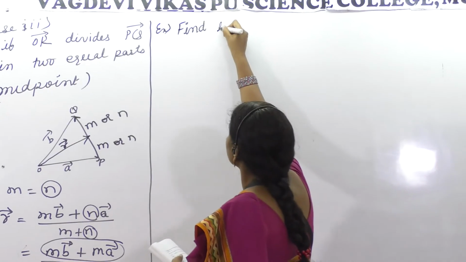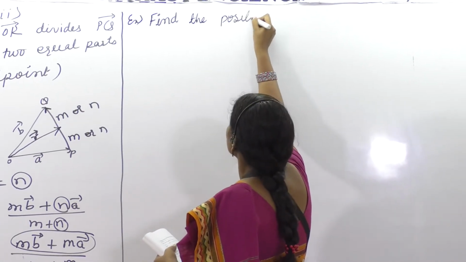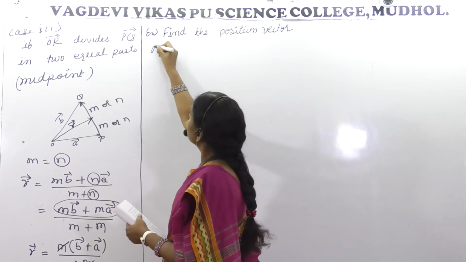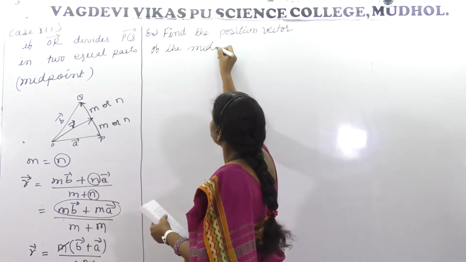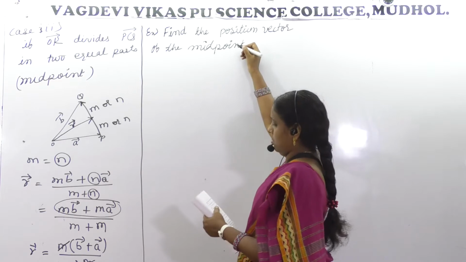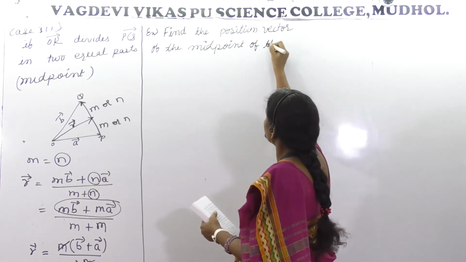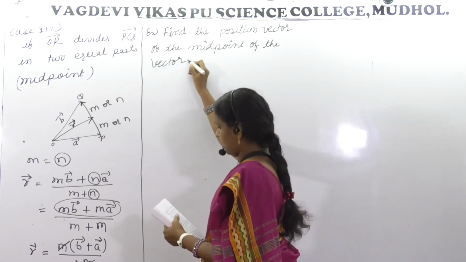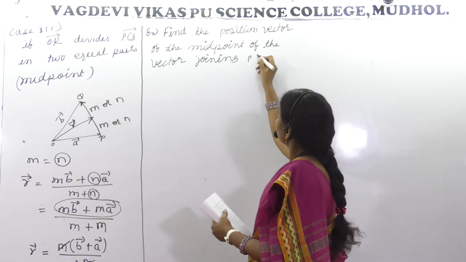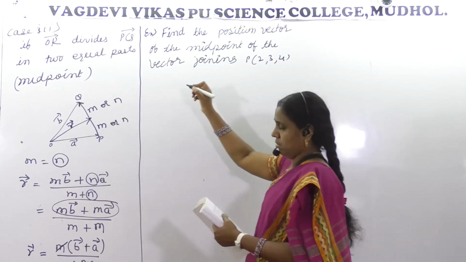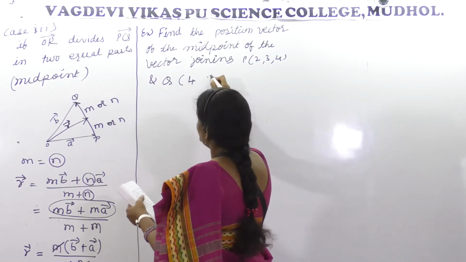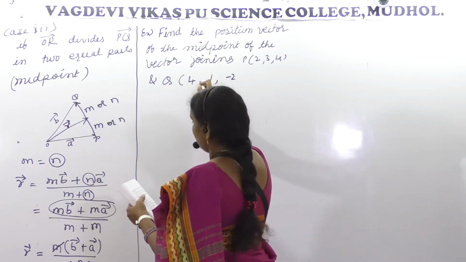Okay. Find the position vector of the midpoint of the vector joining P (2, 3, 4) components are given and Q (1, minus 2, 4, 1, minus 2).